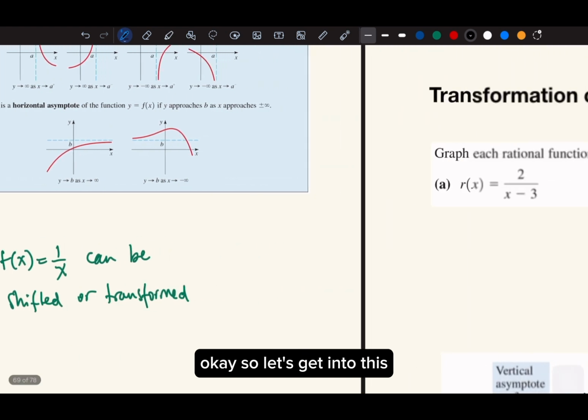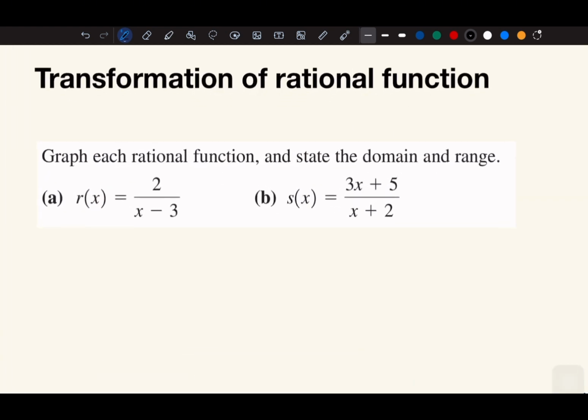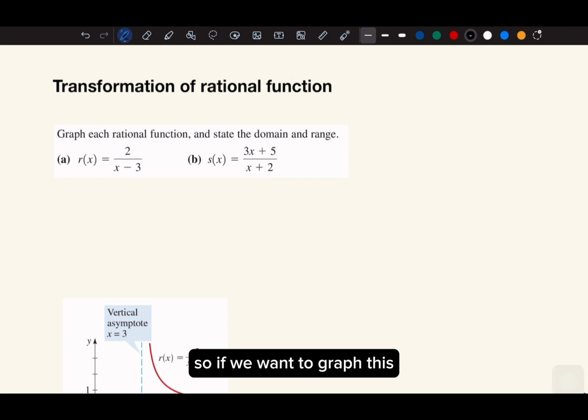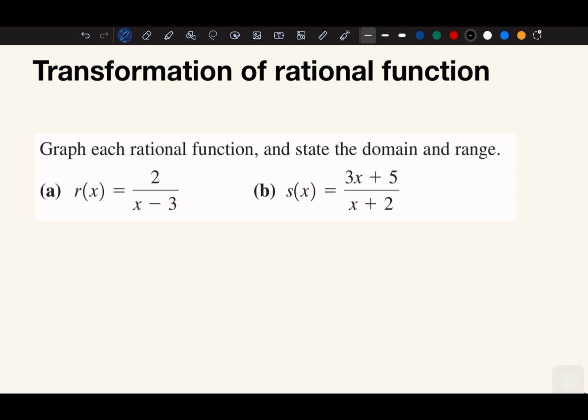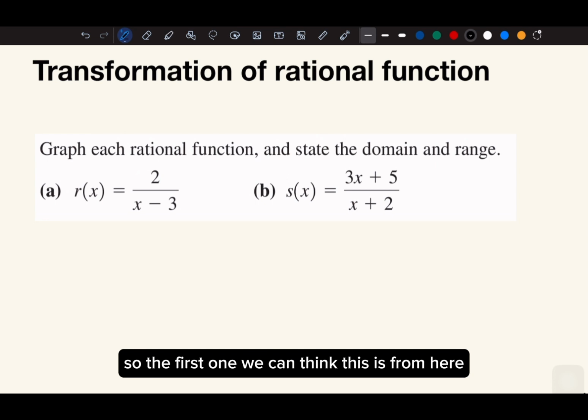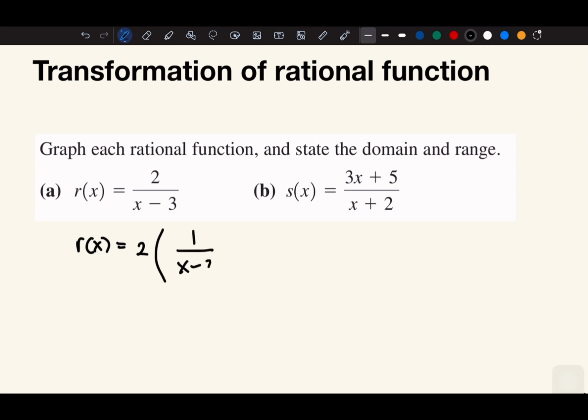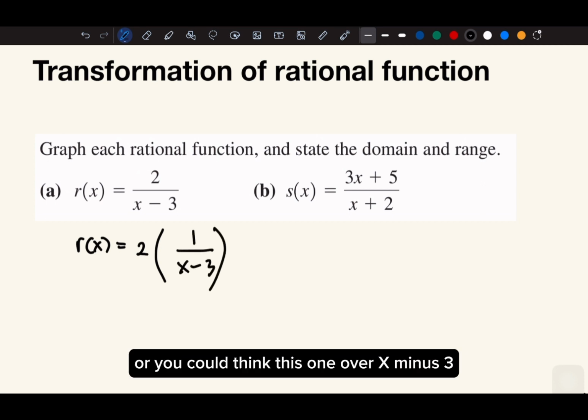Okay, so let's get into this. If we want to graph this, like 2 over x minus 3, the first thing we can think is that we could treat this as 1 over x and then move left or right.